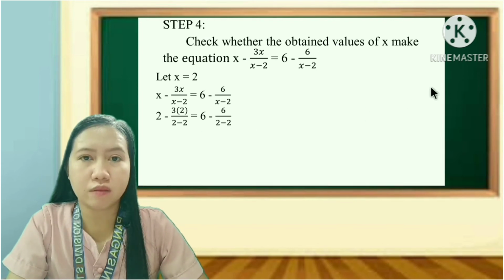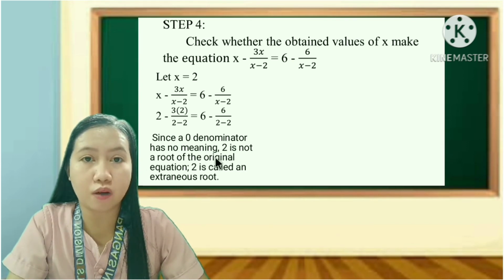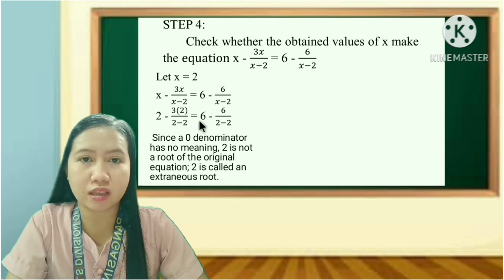So as you can see, since a zero denominator has no meaning, 2 is not a root of the original equation. Therefore, 2 is called an extraneous root, because this will now be canceled. 2 is not equal to 6. Therefore, 2 is not the root of the original equation.